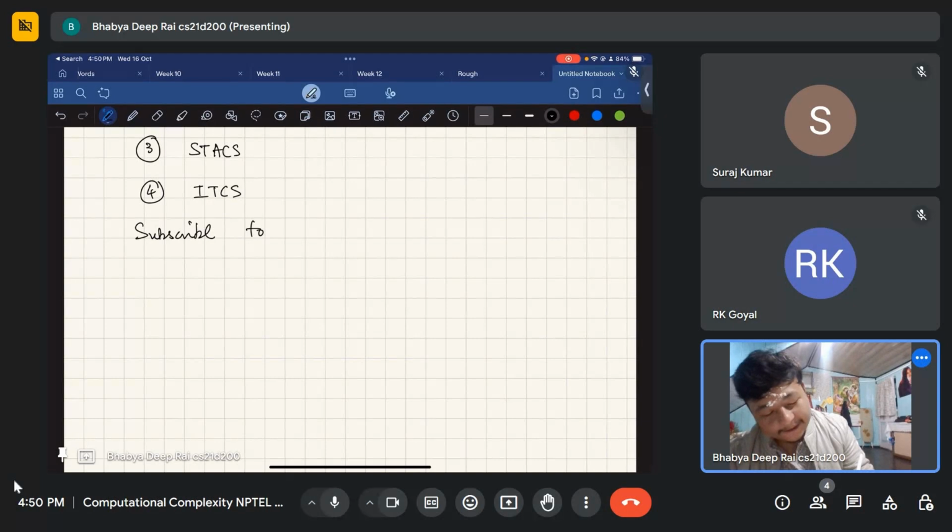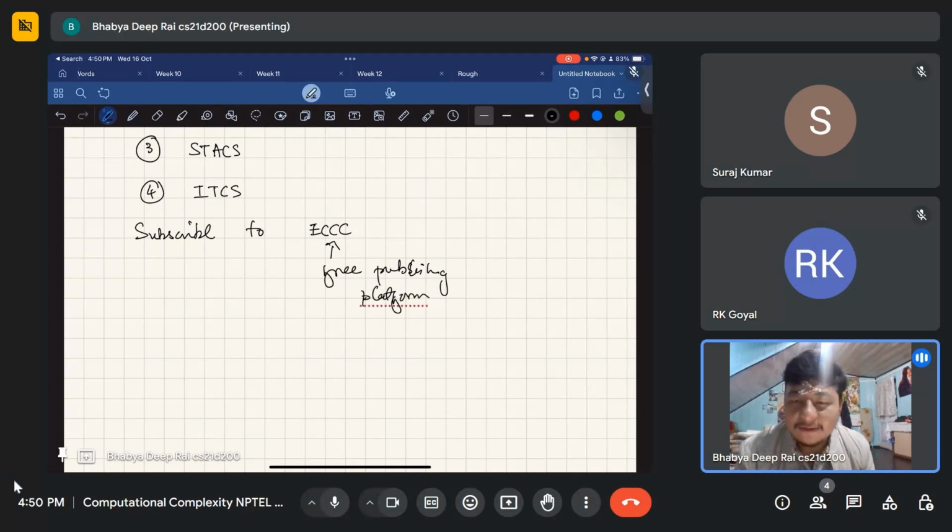Another thing is, subscribe to ECCC, the Electronic Colloquium on Computational Complexity. This is a free publishing platform for complexity theory. People publish in ECCC for free.